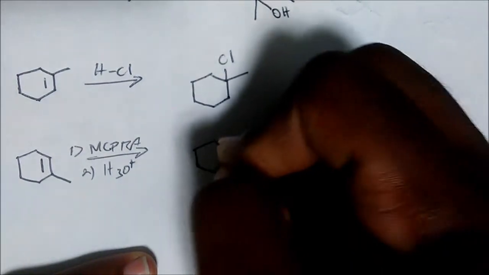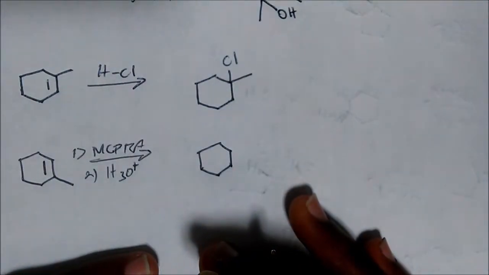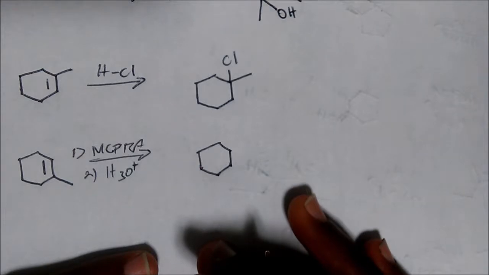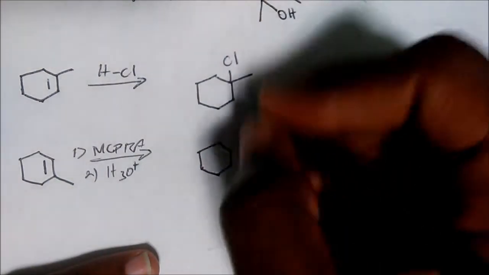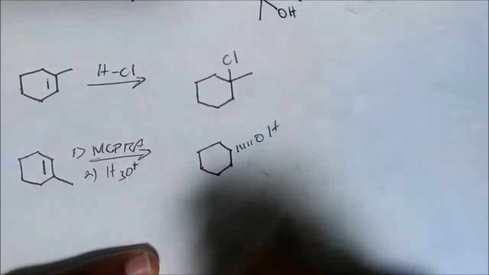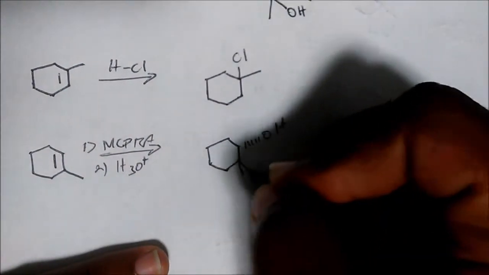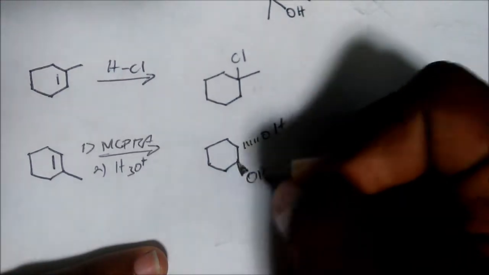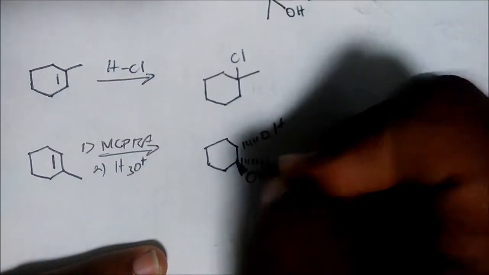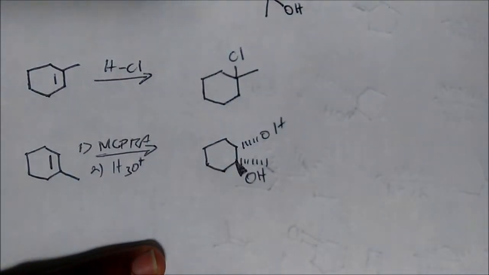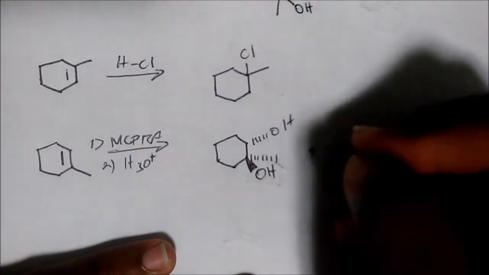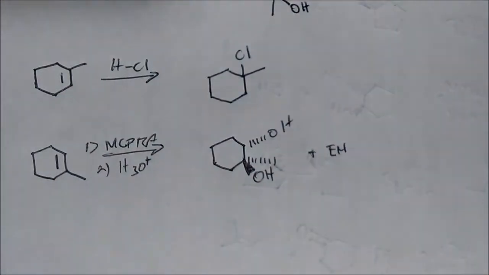In terms of the stereochemistry, there's going to be anti-addition, right? So maybe we could show one of the OH going away. If they're anti-addition, the other one has to be coming out, and then we have the methyl kind of going away. All right, now because they're chiral centers, we'll also get the enantiomer.